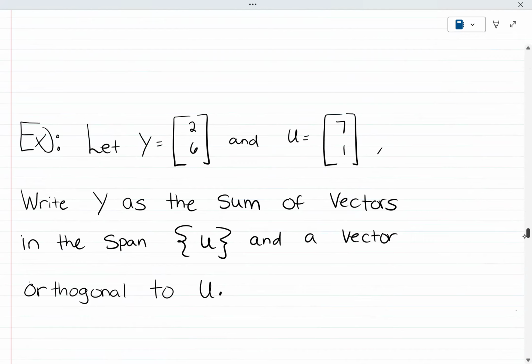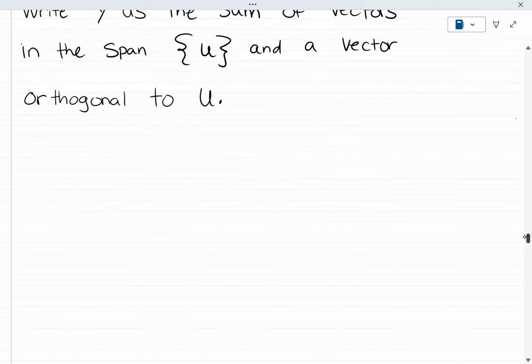Go ahead and copy that down if you need to, or press pause. We know that y hat is equal to y dot u over u dot u, times vector u, right?